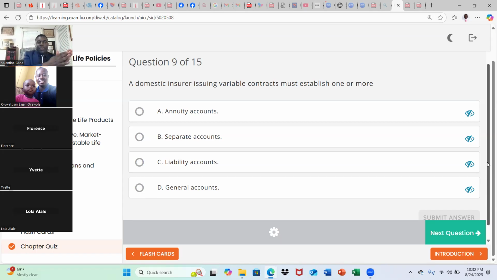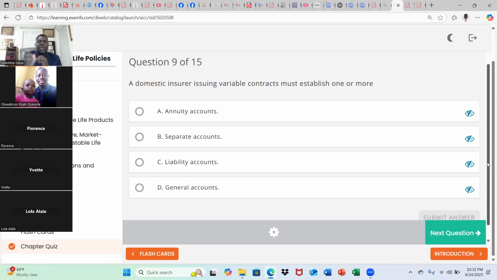If it's variable, then put that money in the client's separate account, because the client's choices are going to depend on the fluctuations of growth. If it's a fixed annuity or a fixed index annuity, they're going to put that money in the company's general account.